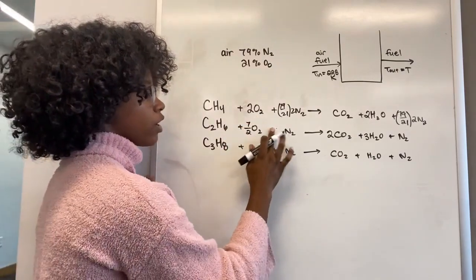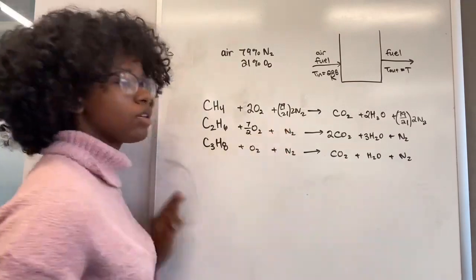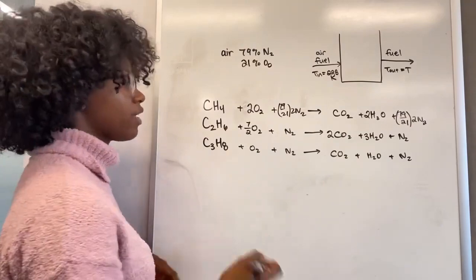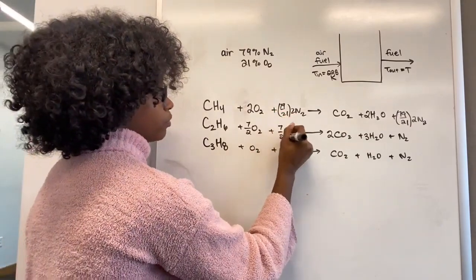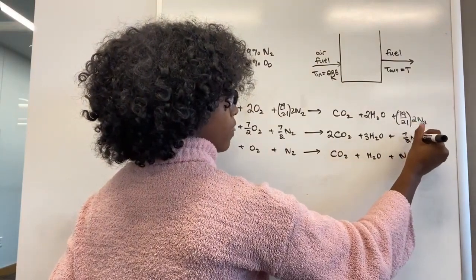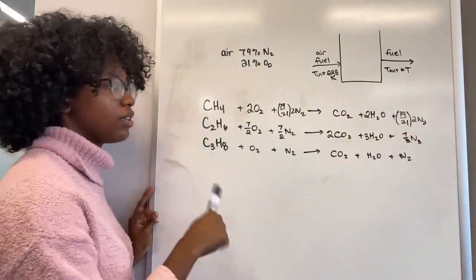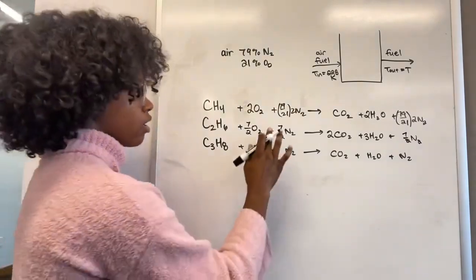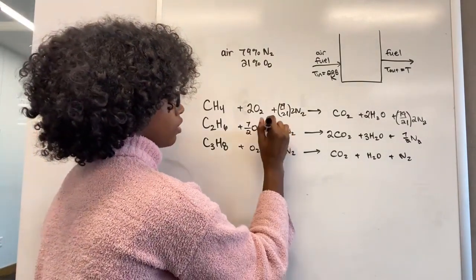And then for nitrogen, well, we have to multiply nitrogen by the amount of oxygen we have, which is 7 over 2. And then we have to multiply this again by our ratio of air, which is 79 over 21.